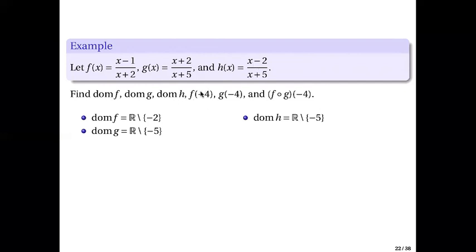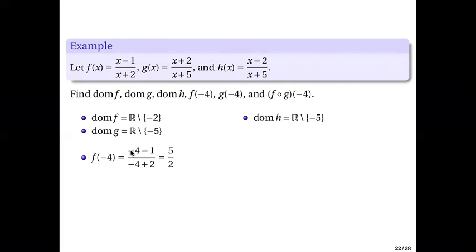Next, we try to find f of negative 4. So all we need to do is replace the x's here with negative 4. You have an x here, you have an x here, you replace both by negative 4. So f of negative 4 is equal to negative 4 minus 1 all over negative 4 plus 2.